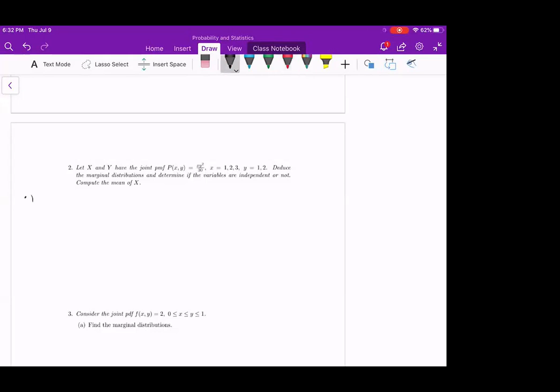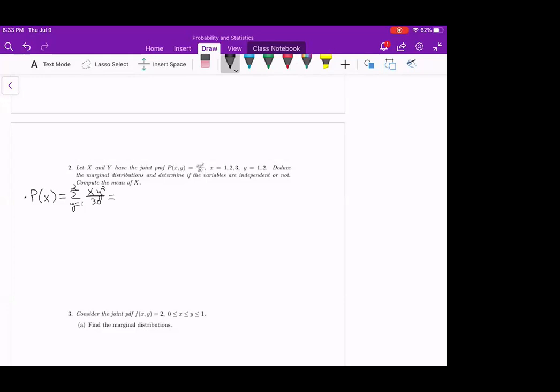So the marginal of x, or p of x, again, because this is discrete, you are summing across y. So y can be 1 up to 2. And the joint distribution is x times y squared over 30.